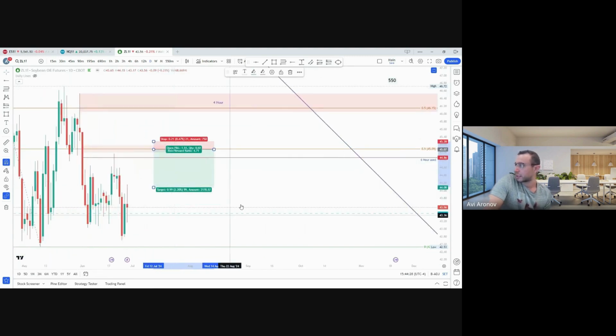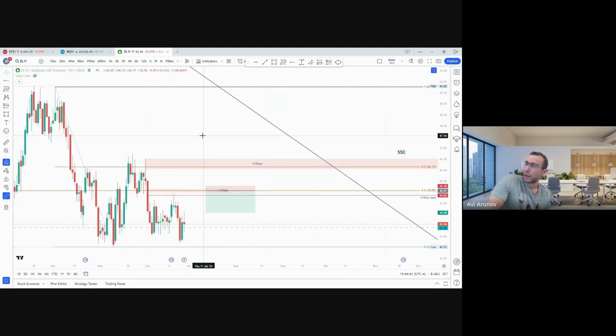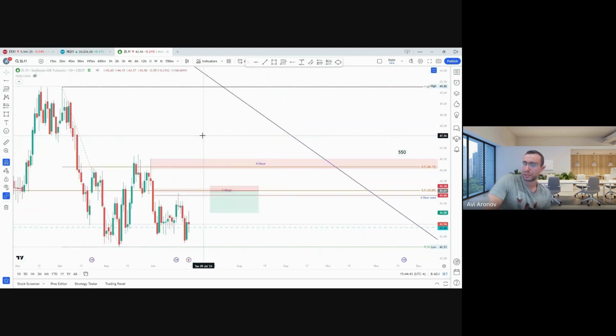And then the third one, we are basically having at the start of this zone, a 45 psychological number. Now, I'm pretty certain, but I will check about that.